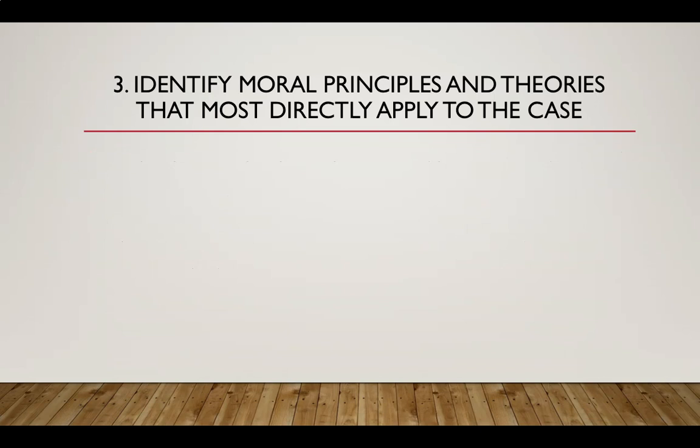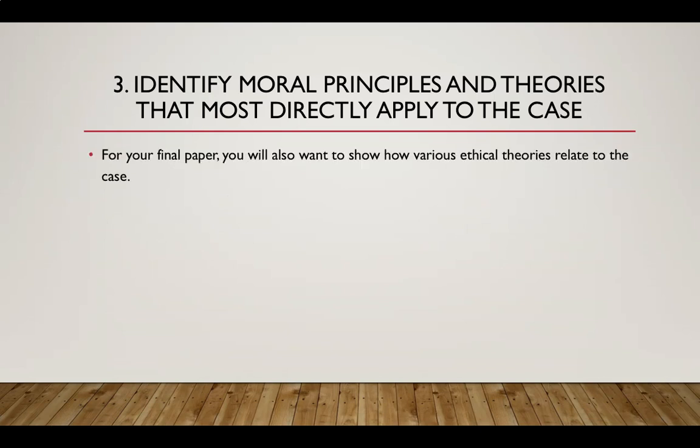All right. So for the final paper, you're also going to want to show how various ethical theories relate to the case. Until we get to these ethical theories, starting in Chapter 5, we don't have access to them. But once we do have access to them, it'll be important to reference the ethical theories.